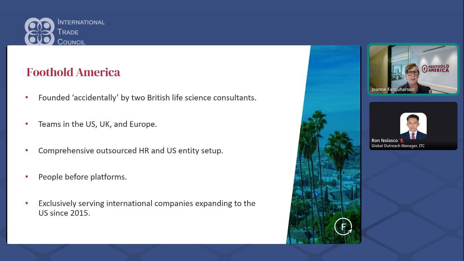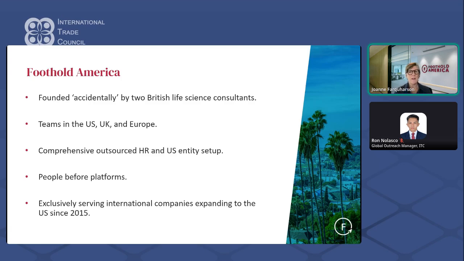And in a couple of years, their US revenue was much higher than the UK. And what happened was the British consulate in Boston realized that this company was doing well, and they said, can you help some other life science companies in the UK go to Boston?